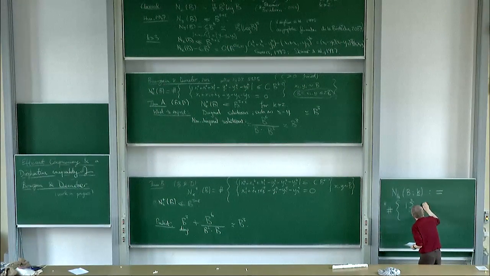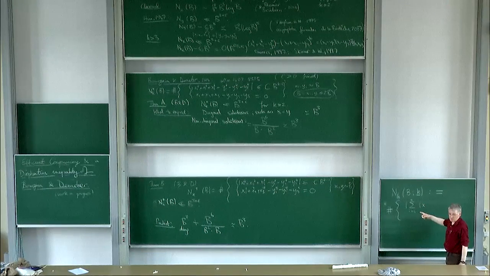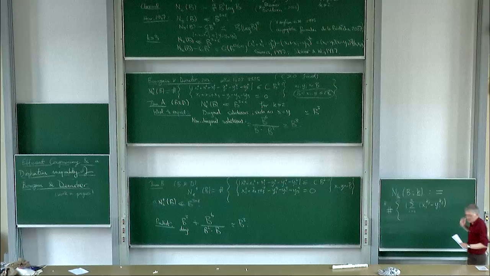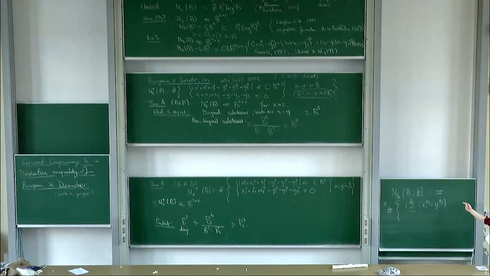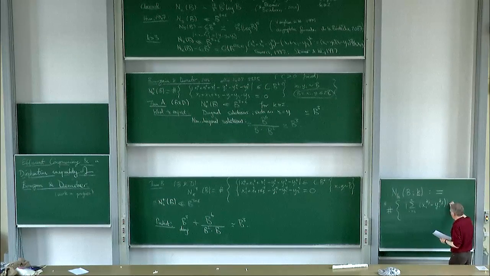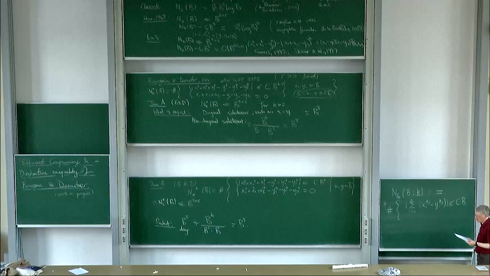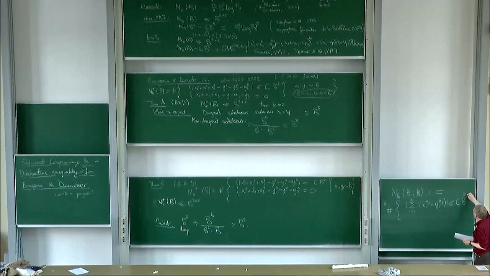I have now 2s variables altogether, whereas before I had 6 variables altogether. The inequalities have exponents k_j, so the k_j's are going to be distinct positive integers. I'm going to bound the absolute value of this expression by some constant, again a fixed constant greater than 0, which I'll try to ignore, times B to the k_j minus j.